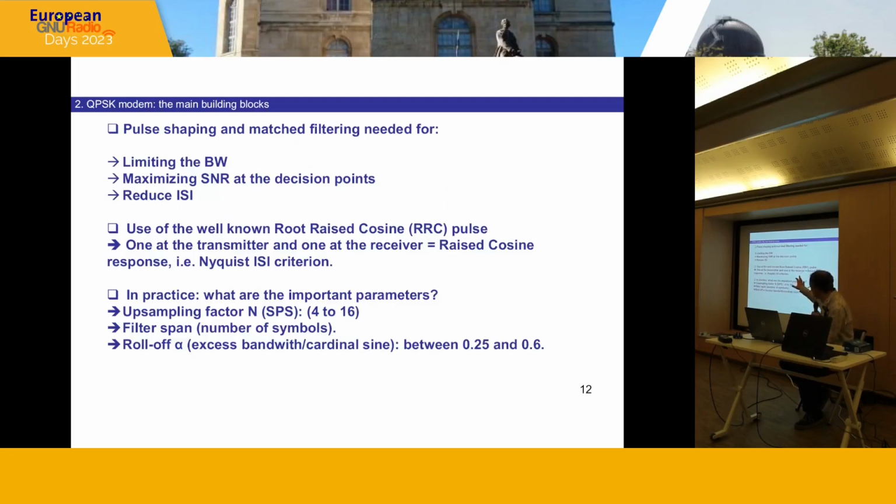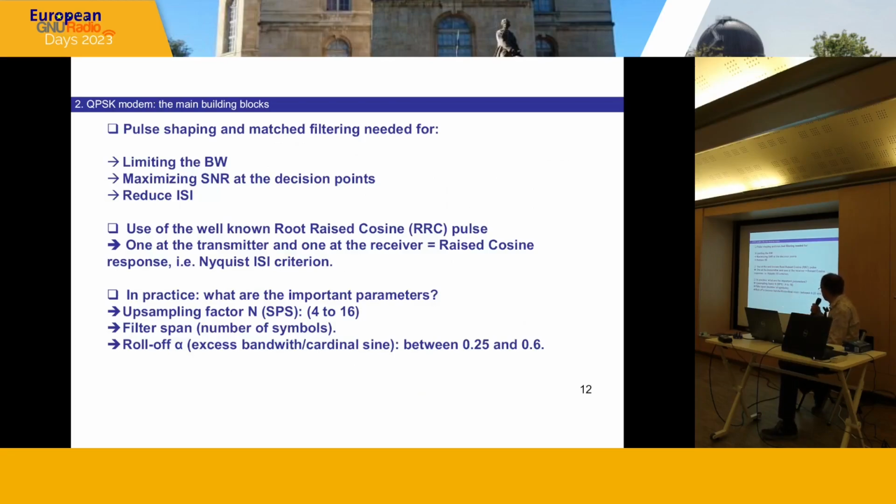The main building blocks are the pulse shaping and the matched filtering. I suppose that most of you know the importance of matched filtering for a system like that. So you limit the bandwidth. That's the first goal. Then, of course, you maximize the SNR at the decision points, and also you reduce intersymbol interference at the receiver. We use the well-known root raised cosine pulse, one at the transmitter and another one at the receiver, which is going to be the matched filter to the first one.